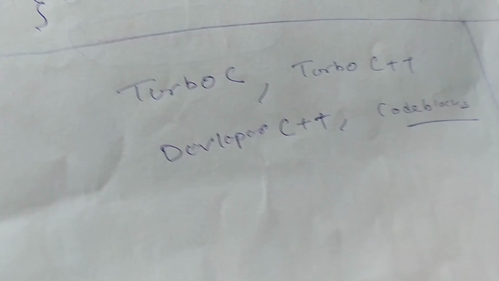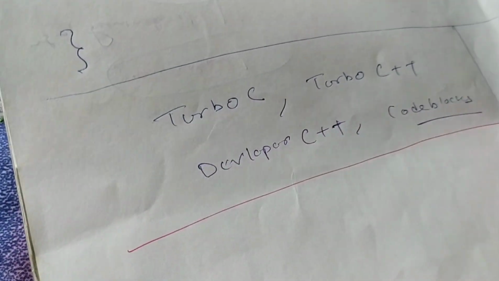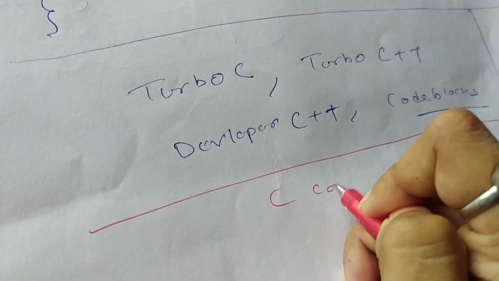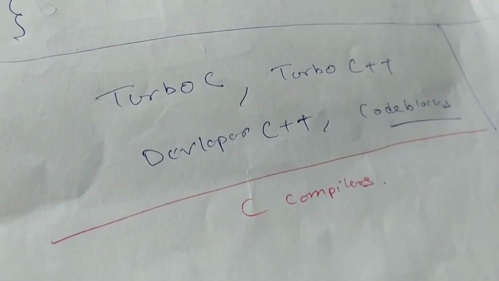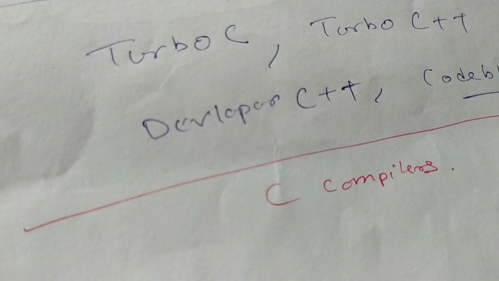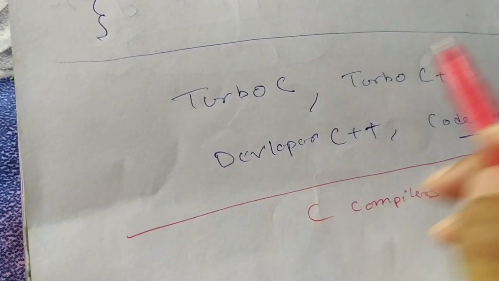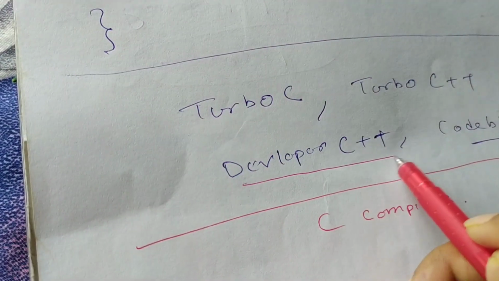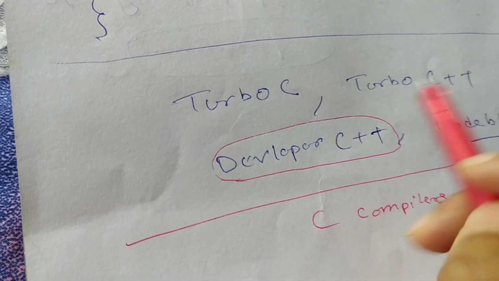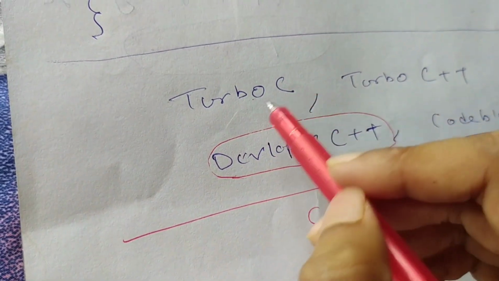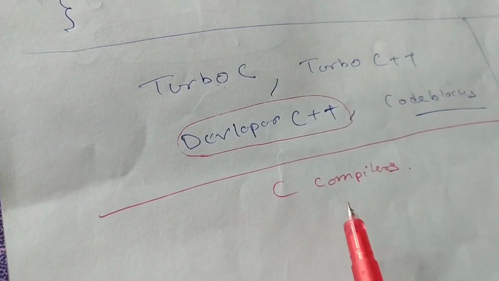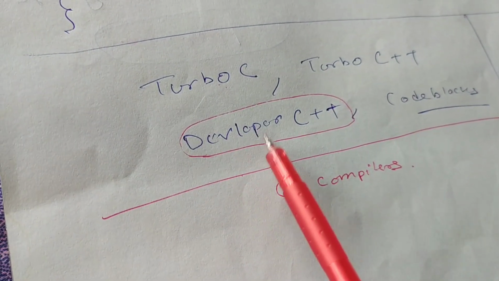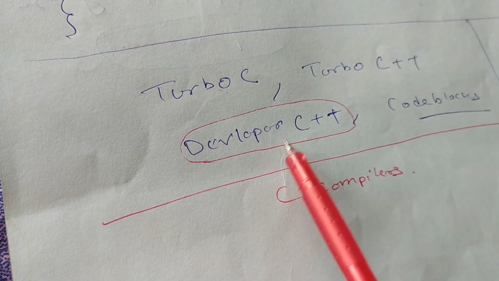These are all C compilers. Presently I will use Developer C++ because I have it with me, but you can use anything, Turbo C, Turbo C++, Code Blocks, it doesn't matter, all are the same. So I will write my program in Developer C++.